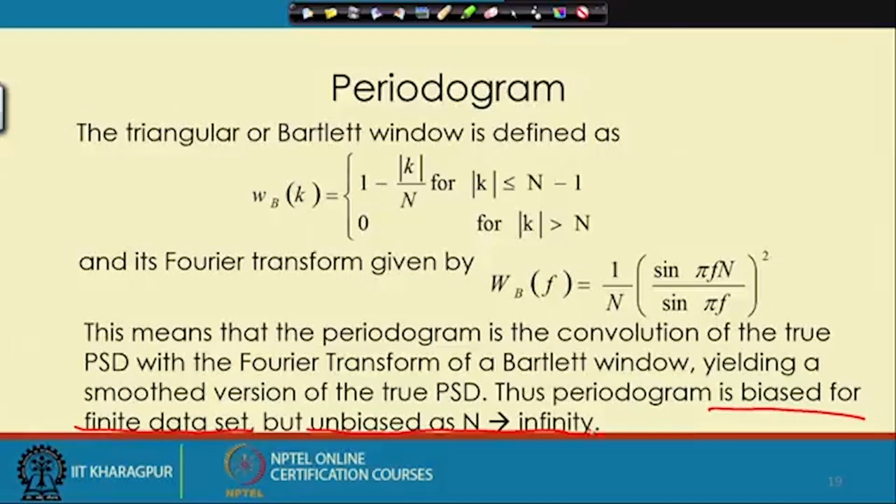So, we should get an unbiased estimate for an infinite amount of data.